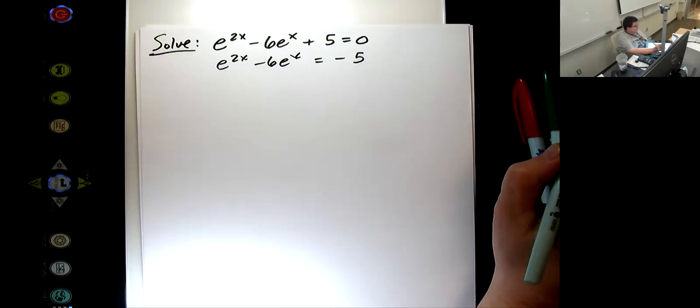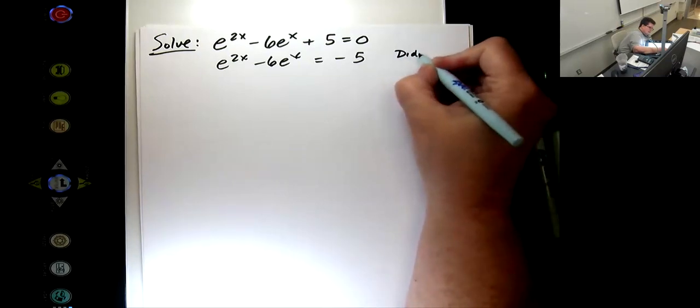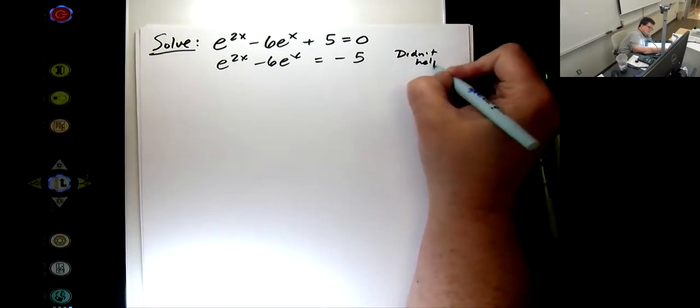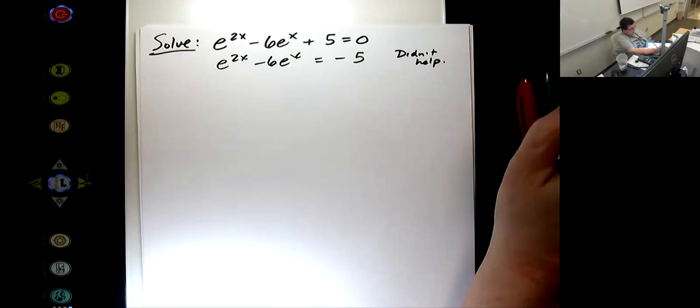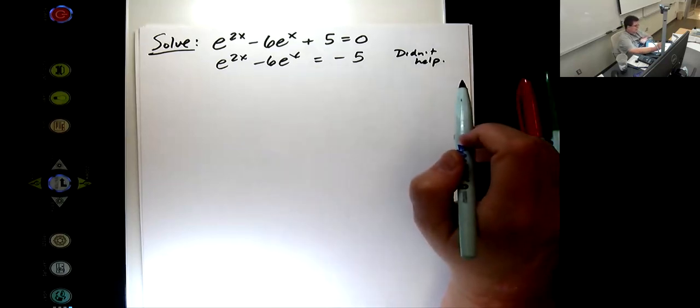What can we do with that? It's not getting us anywhere, is it? Didn't help. Well, what would have worked if it was positive? Yeah, the minus sign is really throwing things off, as you're going to find.